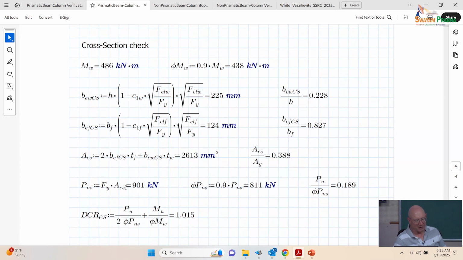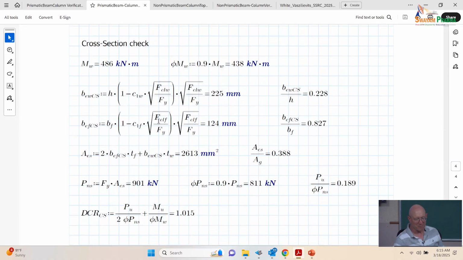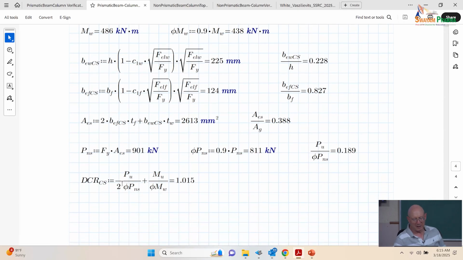PNS is based on the effective area that we get using an FY basis for effective widths. And so in Consteel, the calculation is done for all the cross sections throughout the structure, and then identifies where the cross section demand to capacity ratio is the largest for a given member. We go there to then do the member calculations.